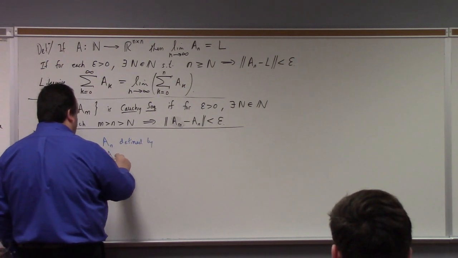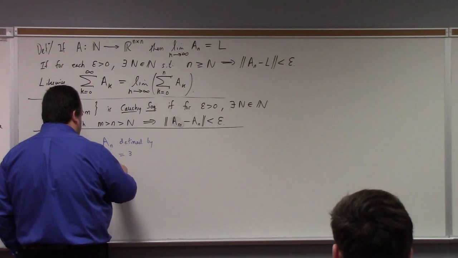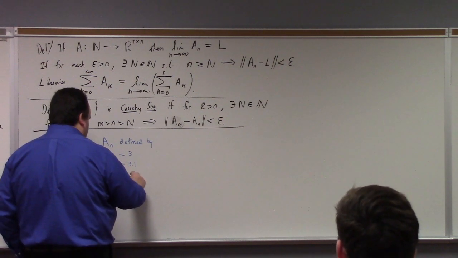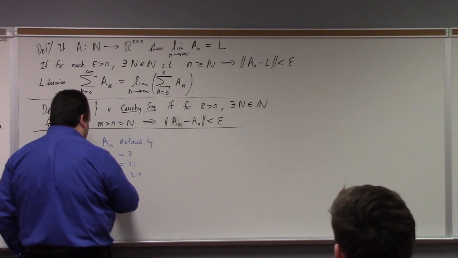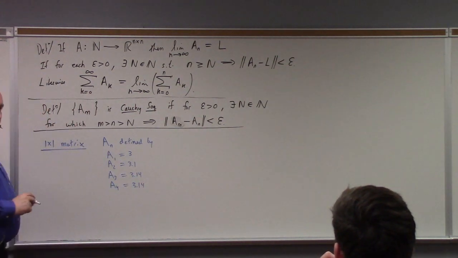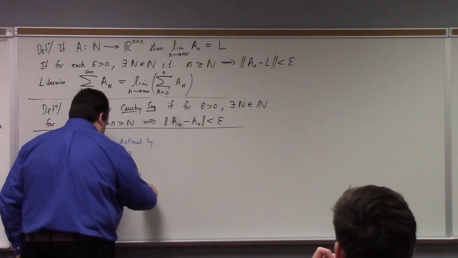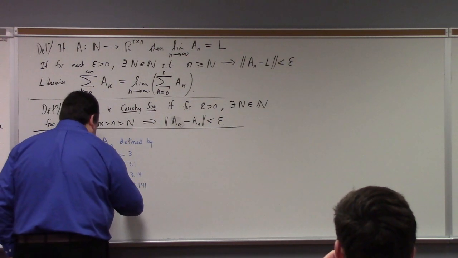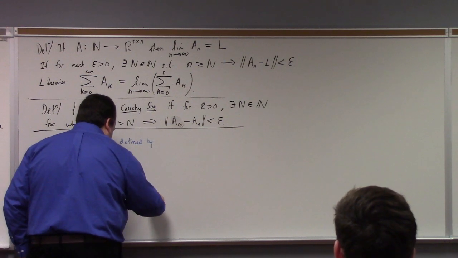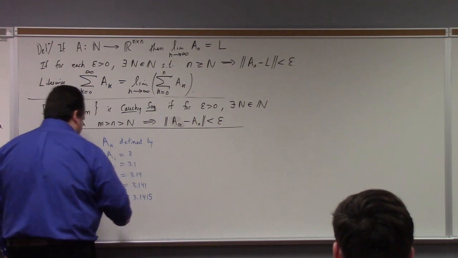how about this? A1 is 3, A2 is 3.1, A3 is 3.14, A4 is 3.141, what comes next? 1, all right. A5 is 3.1415, all right.